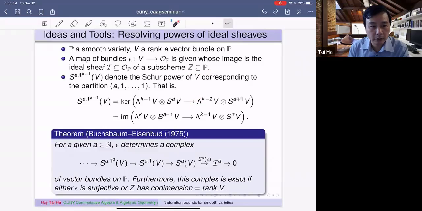So in applying these results, we are going to look at a case where this is a surjective map, where this I is just the structure sheaf.